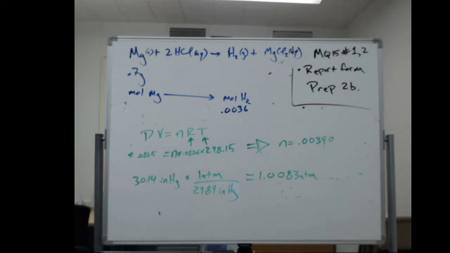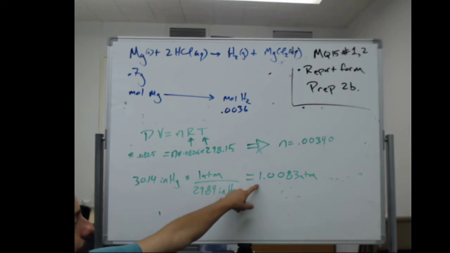Okay, well, I'm glad that worked out. So now what we can see is we've got a percent yield that's still probably higher than we should have. And what we have to do now is say, okay, if this was my percent yield, what happens when I actually correct? Because this pressure was not just due to hydrogen gas.